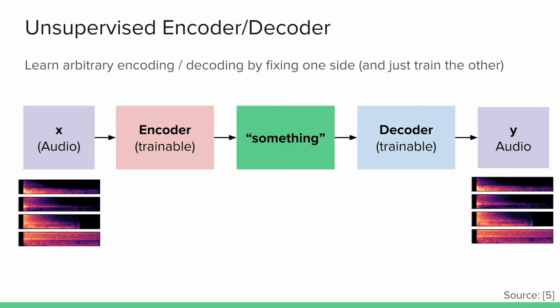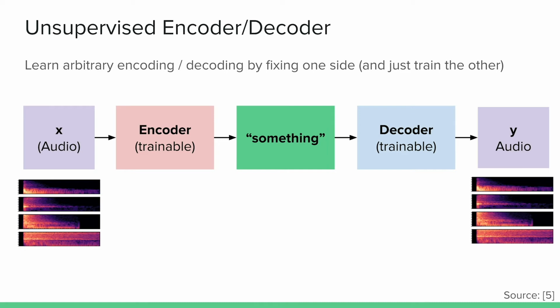This is a super exciting idea that I saw at a conference last year: we can use autoencoders to learn an arbitrary encoding or decoding by fixing one side and just training the other side. The task was to take an audio sample and produce something in the middle.